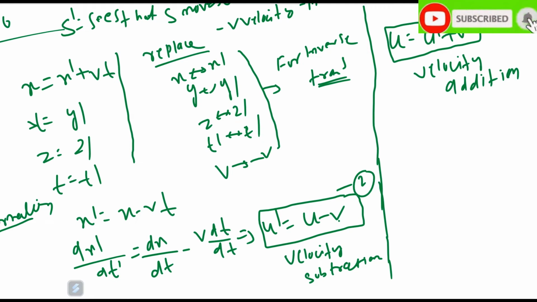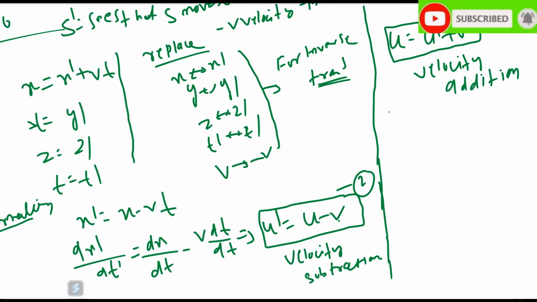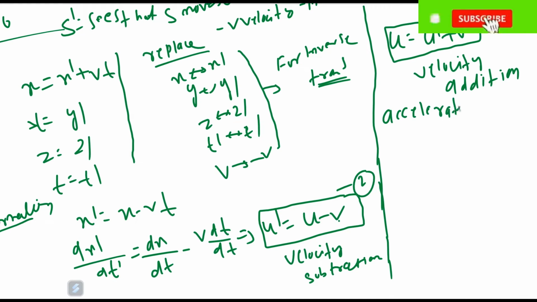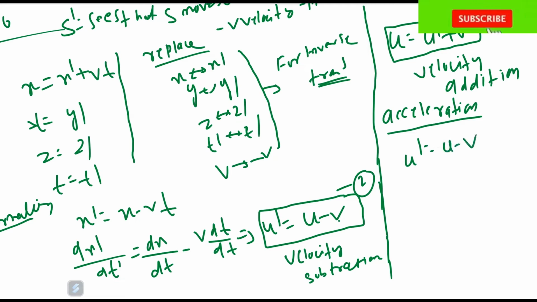Because of the transformation, now you can find a relation between your acceleration quantities. So for that we have u prime equal to u minus v.